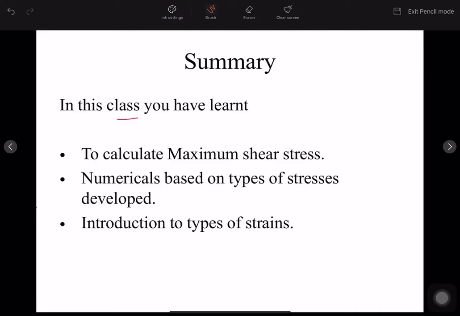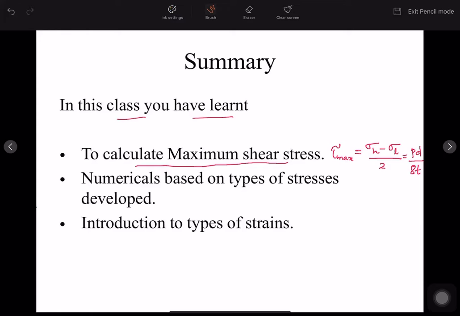In this class, you have learnt how to calculate the maximum shear stress, that is tau max, which is equals to PD by 8T.